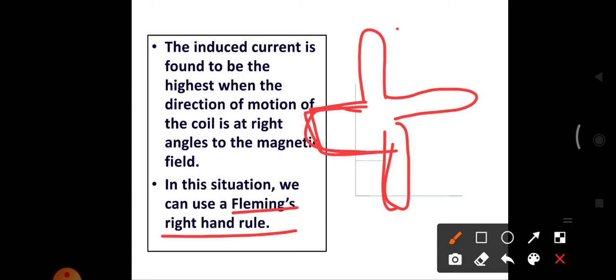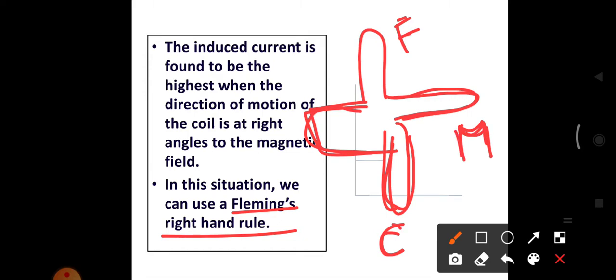The thumb represents force on the conductor, the forefinger represents magnetic field, the middle finger represents current direction, that is father, mother, child. The father means force on the conductor, mother means magnetic field, child means current. This is a left hand. So the Fleming left hand rule is used to find the force on the conductor.